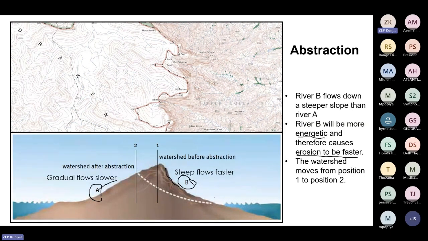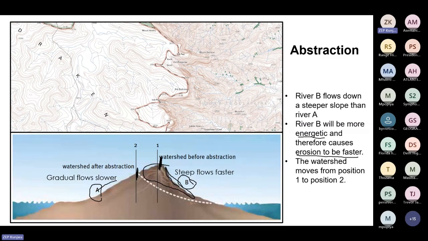Because of that, it is going to shift the watershed. Remember, the watershed was there. That was your watershed, the divide. So it is going to shift it and remove all of this part here because of erosion. Now you're going to find your watershed has moved. That is going to be a new watershed.